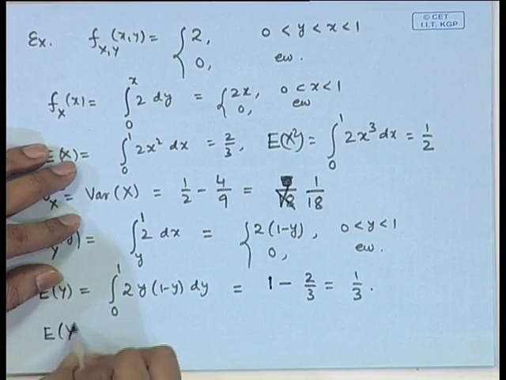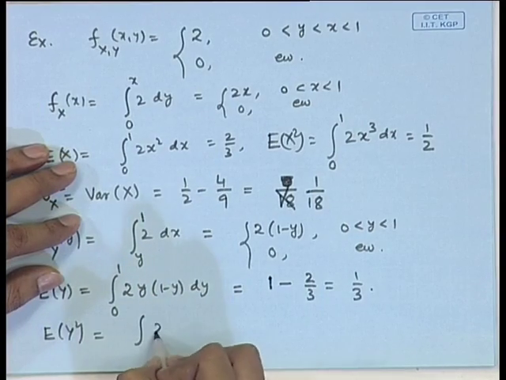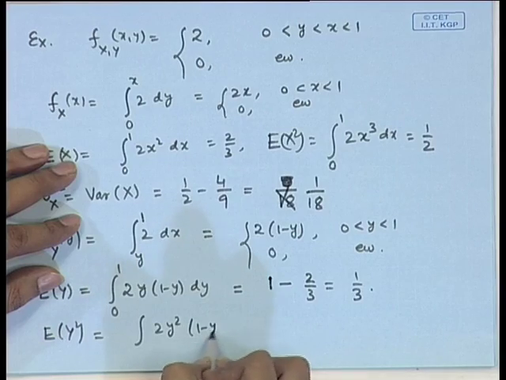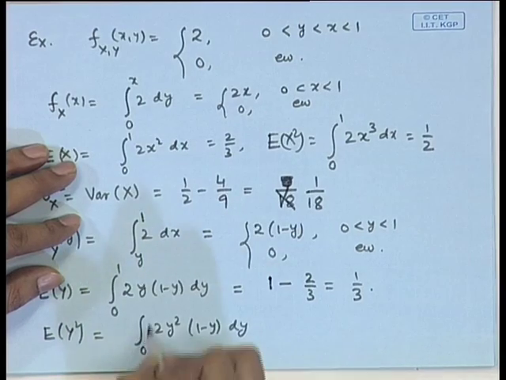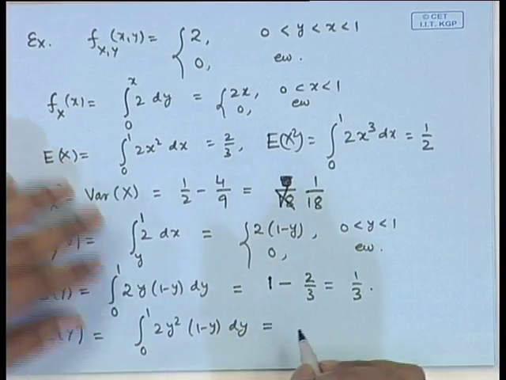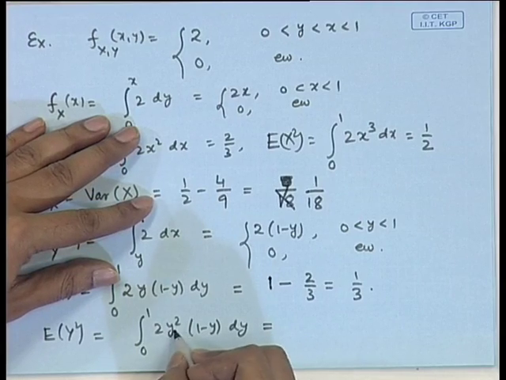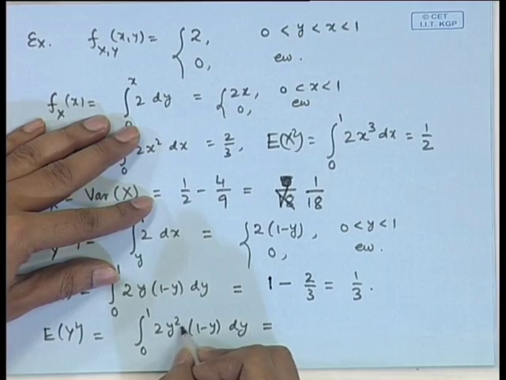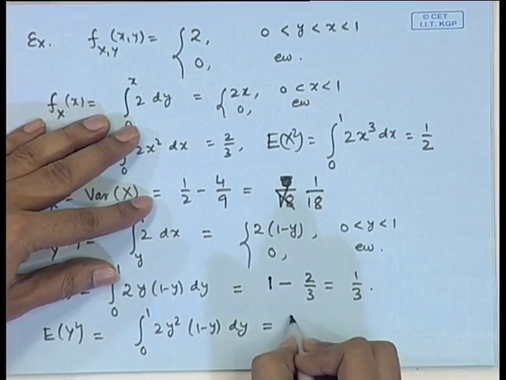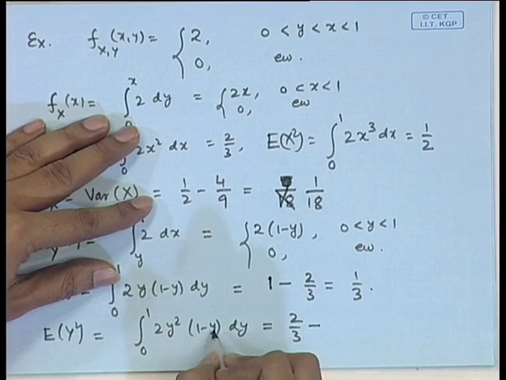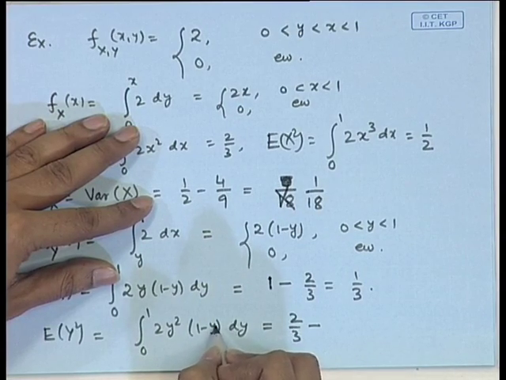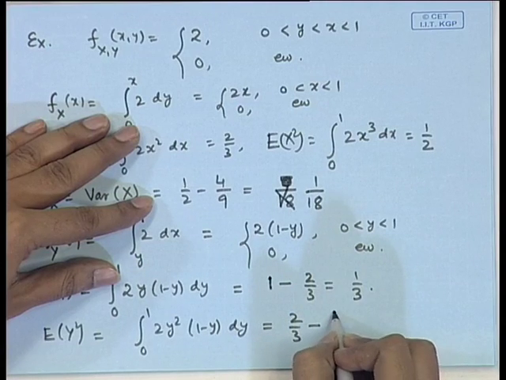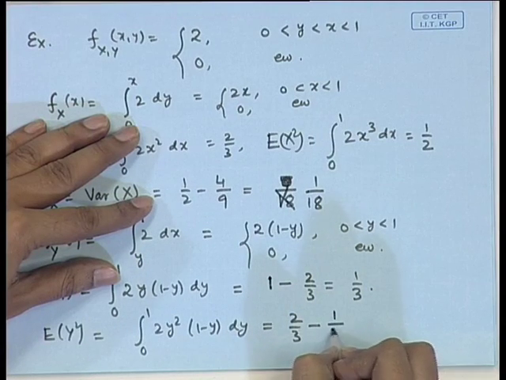Expectation of y square will be equal to the integral of 2 y square into 1 minus y dy from 0 to 1. So, once again y square is integrated to y cube by 3, so this is 2 by 3 minus 2 times y cube integrated to y to the power 4 by 4, so that is 2 by 4, that is half.